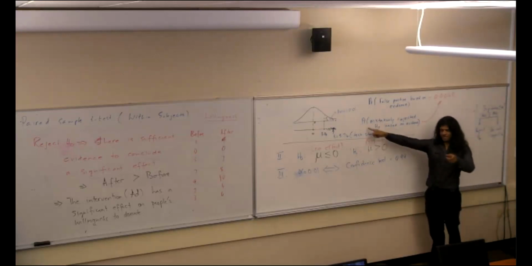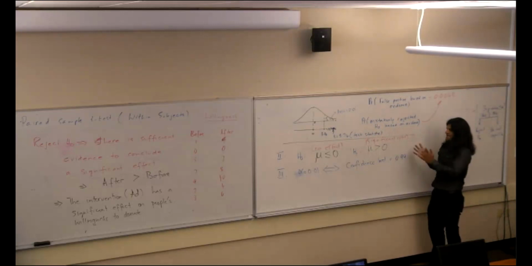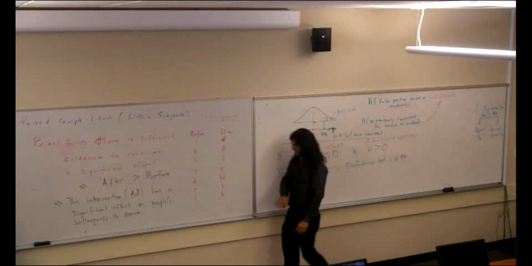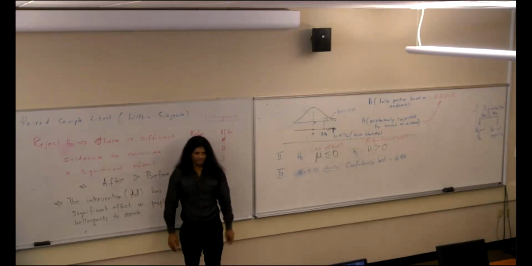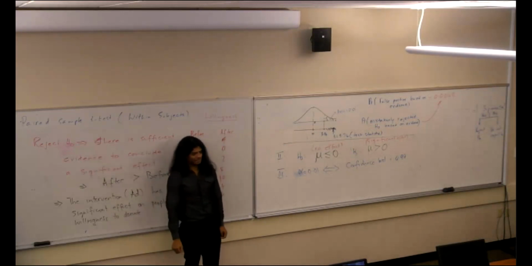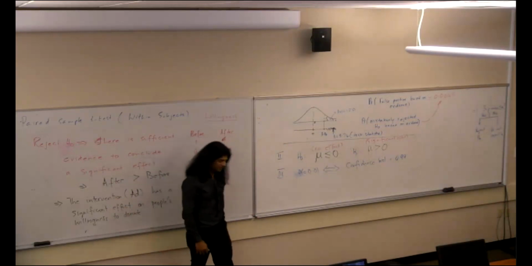So the chances that I made a mistake, based on the data that I observed, in concluding this, which is rejecting the null, is 0.48%. Do you think that is a very high percentage? No, extremely small.